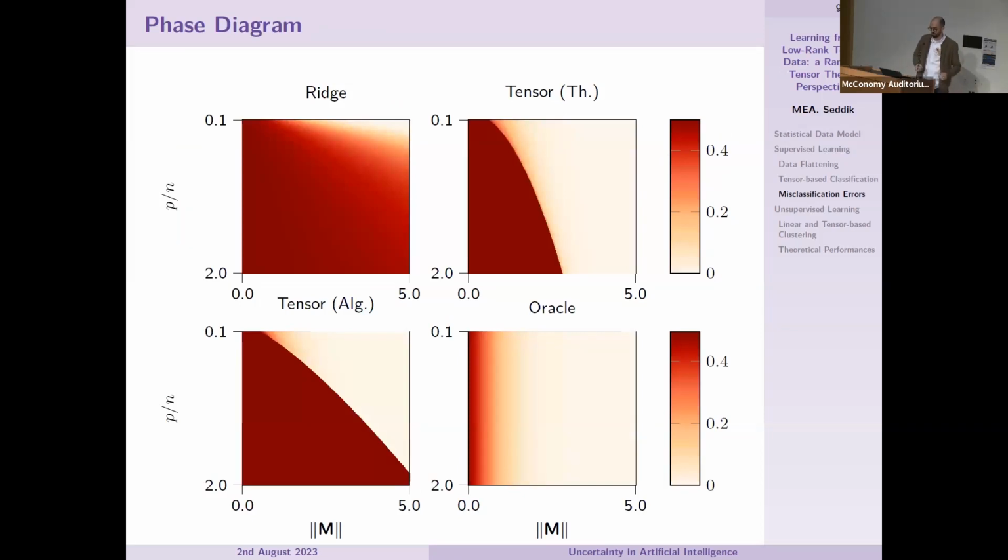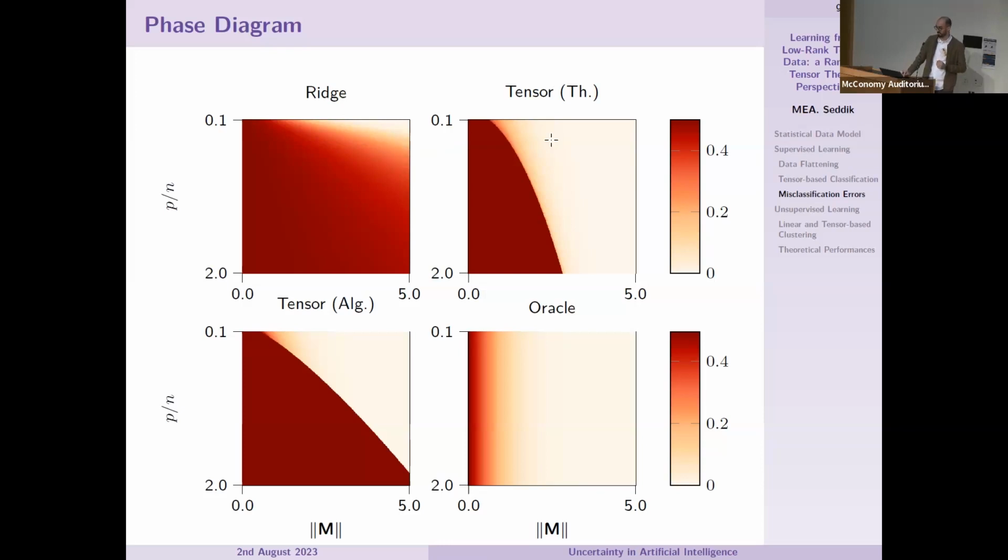This is just a phase-transition-like diagram where we show the classifier performance in terms of the ratio P over N. And when we vary the norm of M, basically the distance between the clusters, we see that there is a huge difference between the tensor and the flattening operation.